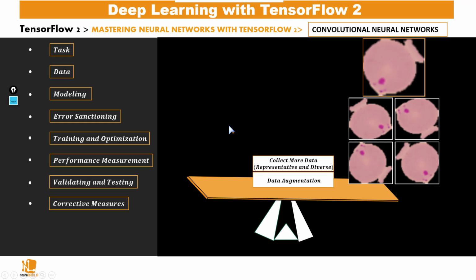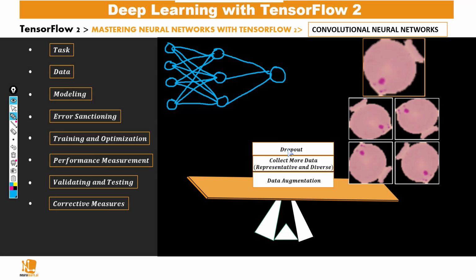Now, that said, we have dropout. To better understand this notion of dropout, we'll consider this simple neural network right here. Now, if you could recall, the reason why we have models which overfit is because we are working with very complex models with many parameters.